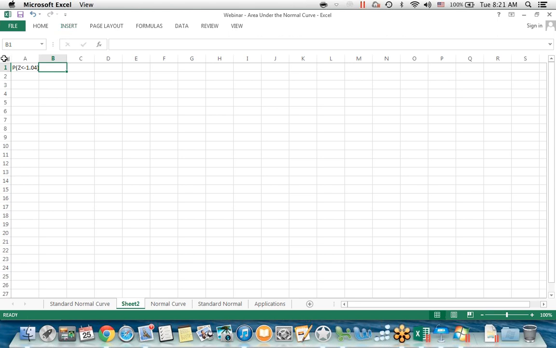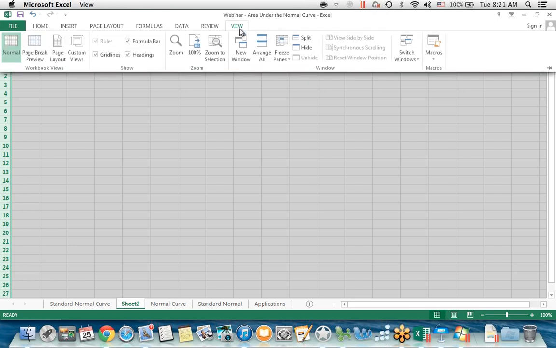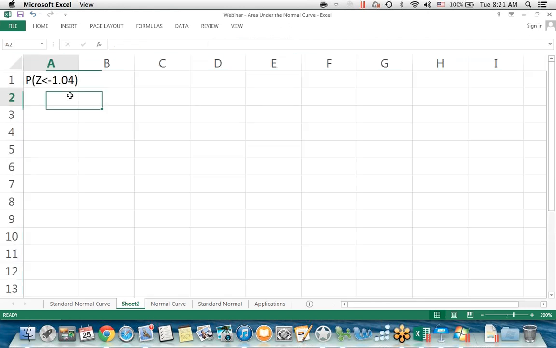Now, given that this is a problem that we're trying to solve, how do we solve this first problem? Recall that we're trying to find the area to the left.